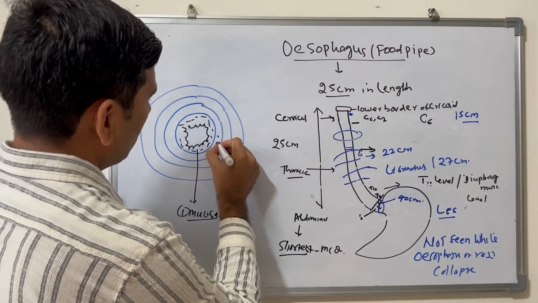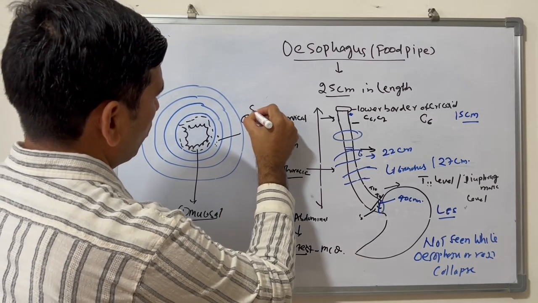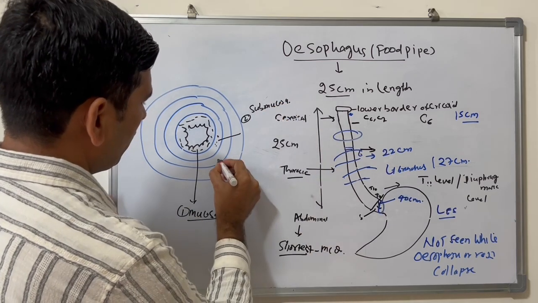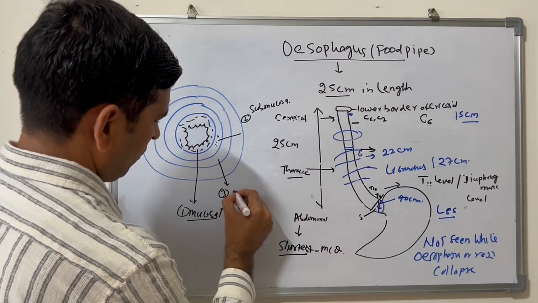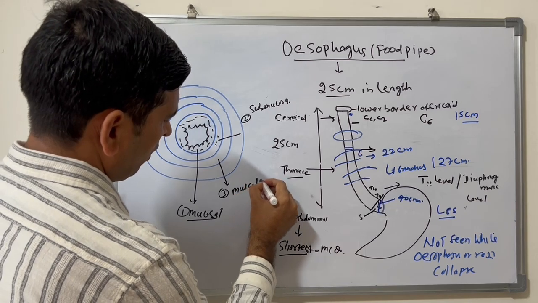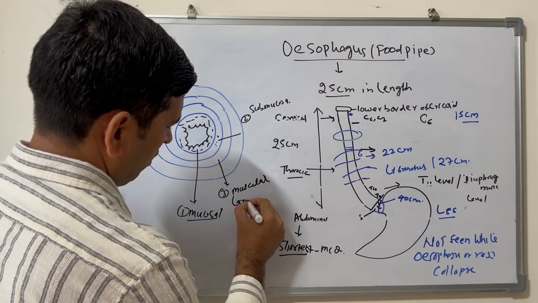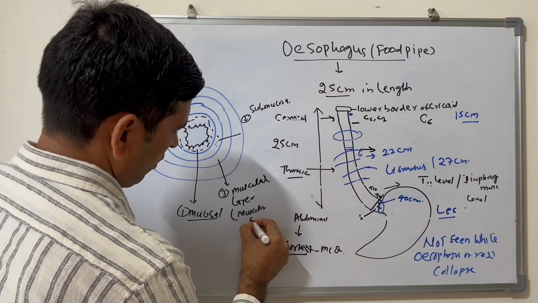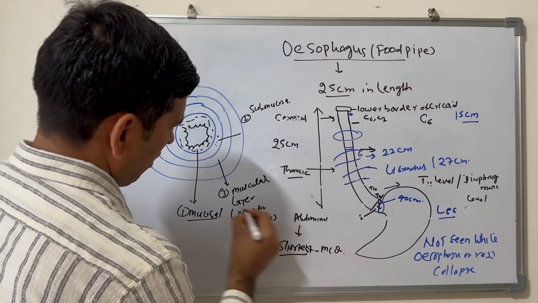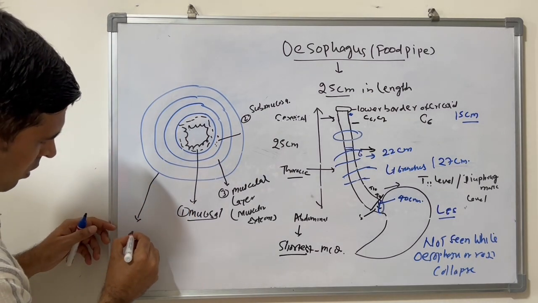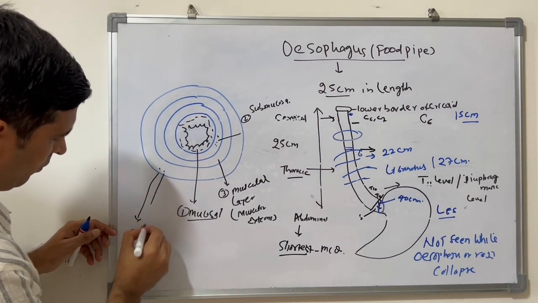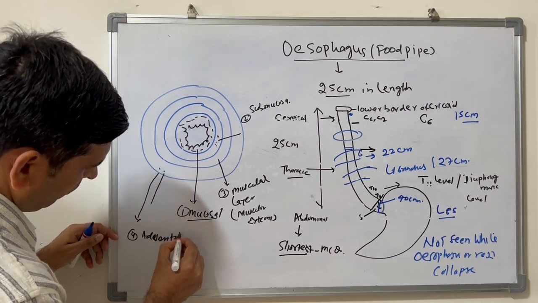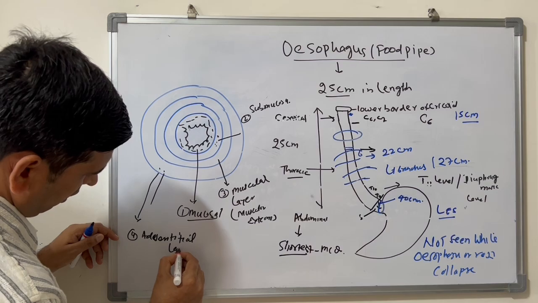The second layer is the submucosa. The third layer is the muscular layer, or muscularis externa. And the fourth layer is the adventitial layer.